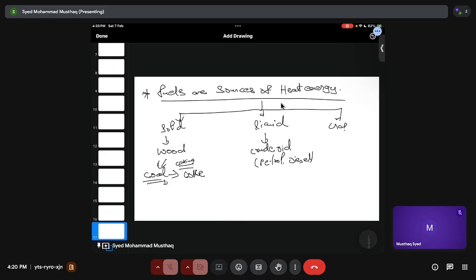That is called coke. That's why we call this the coking process, and people call it destructive distillation.